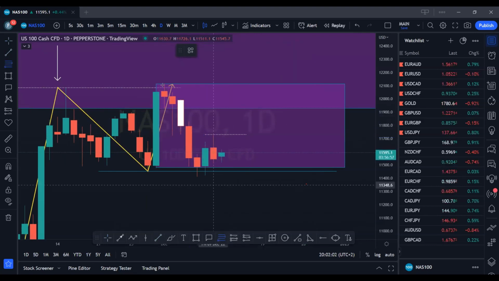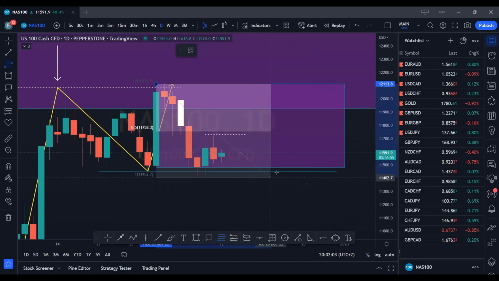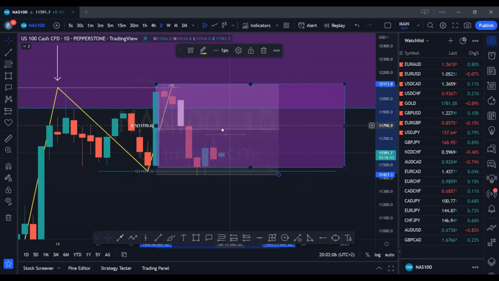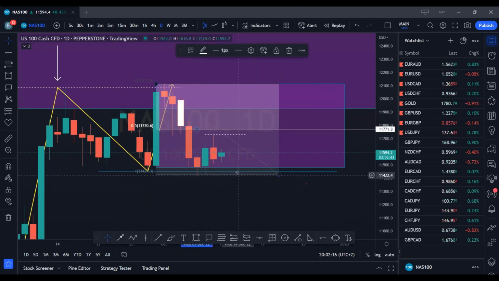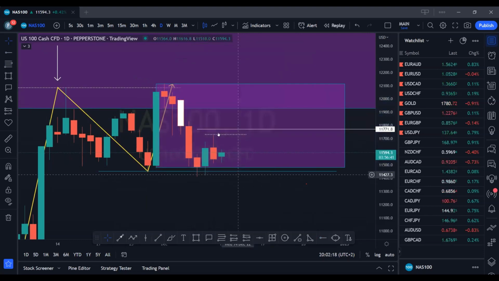Let's also check if price is in the discount level. Good. So anywhere above this zone, let me put a line there. Anywhere above this, from this zone, it makes sense to start looking for sell on NAS.